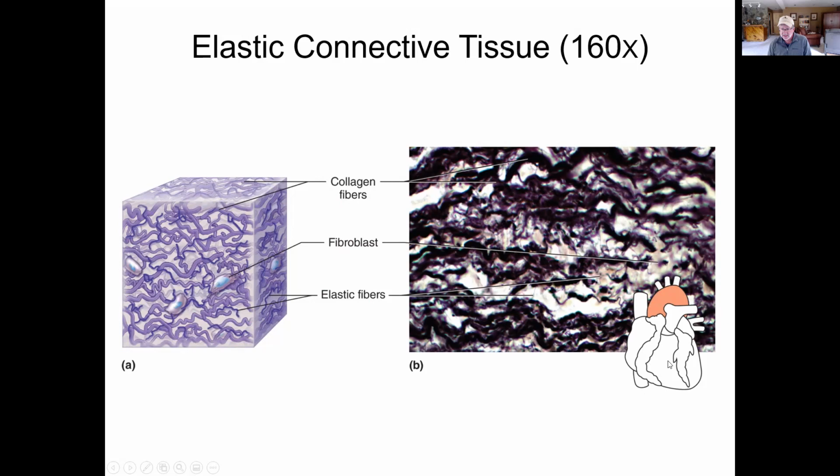When blood gets ejected from what's called the left ventricle, it's sent to all regions of the body except the lungs. So it's got to get pumped to the tips of your fingers and the tips of your toes and everywhere in between. Therefore, the blood is being exerted under a great deal of pressure when it leaves the left ventricle and enters the aorta.